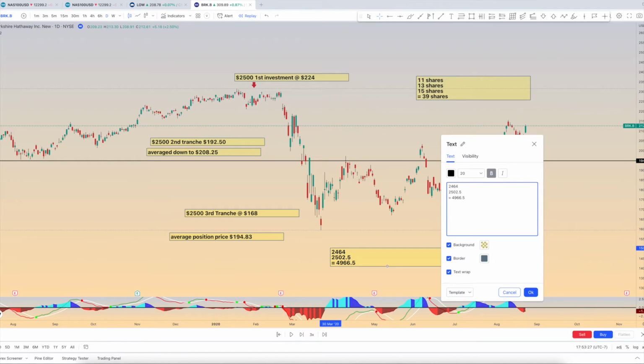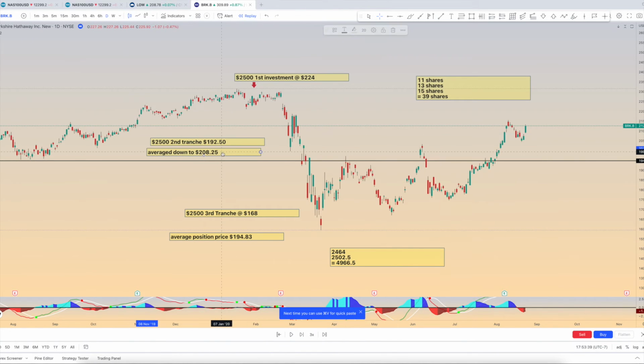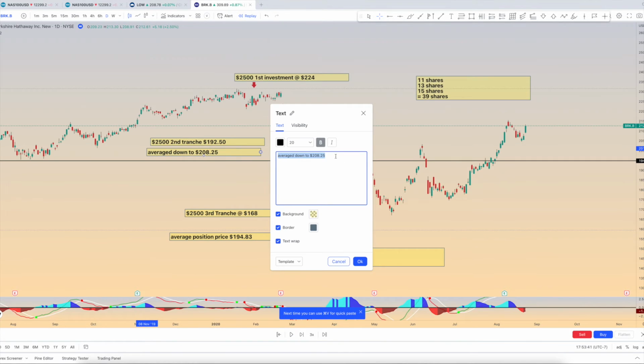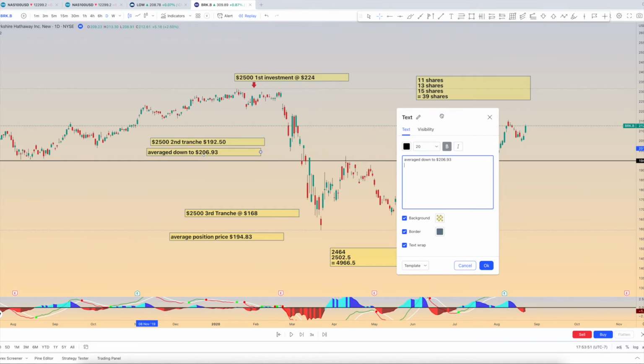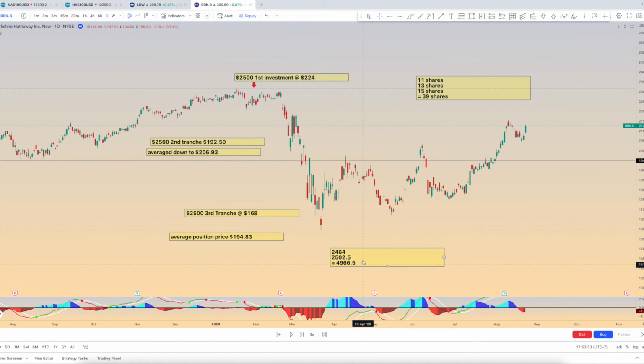So now what we do is we take 4,966.5 divided by 24 equals $206.93. So as you see, this average down is a lot better because you ended up getting more shares at a lower price. So it averaged down to 206.93. Excellent.